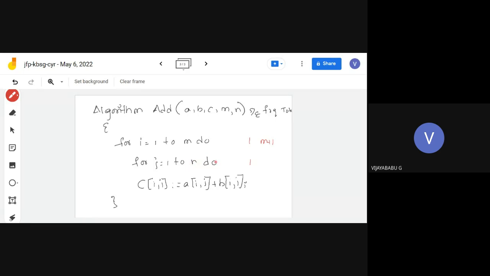It is running from 1 to n. Actually, whenever it is going from 1 to n, it is n plus 1. This one is 1 to m, that's why we mentioned m plus 1. We know why it is m plus 1 from the previous example too. And this for loop is under the influence of the outer for loop. So we can also mention it like this.